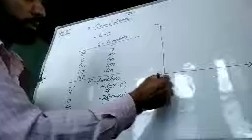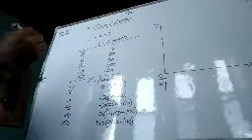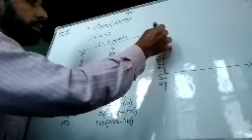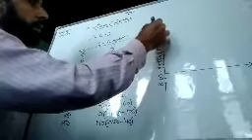Here this is the X-axis and this is the Y-axis, and here it is 0, and here it is minus 10, minus 20, and this is 10, 20, 30, 40, 50, 60, 70, 80, 90, 100, 110, 120, 130, 140, and so on.